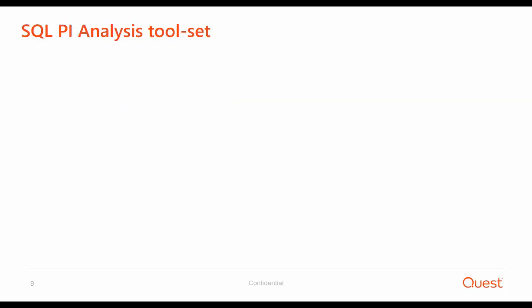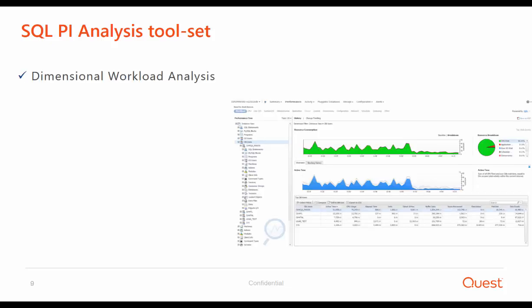Let's talk about the SQL PI analysis toolset. The first feature that I would like to mention is dimensional workload analysis. It allows you to break the database activity into various dimensions, such as SQL statements, programs, users, machines, objects, files, disks, databases, etc. So for example, it allows you to visualize the activity of a specific dimension, for example, a specific user or a specific program, at any point in time.